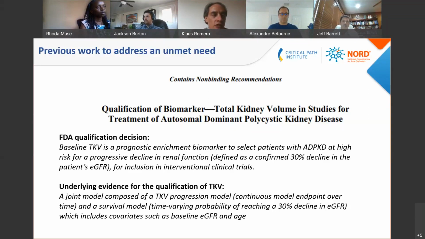You need to account for the actual way in which the volumetric measure was done as a potential source of variability, which was done.